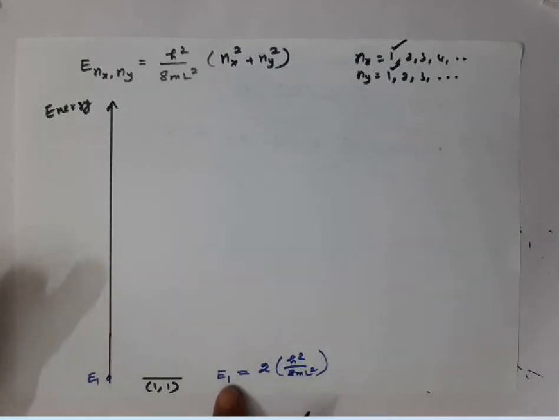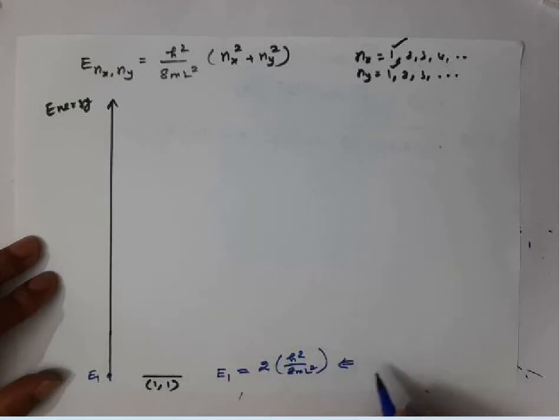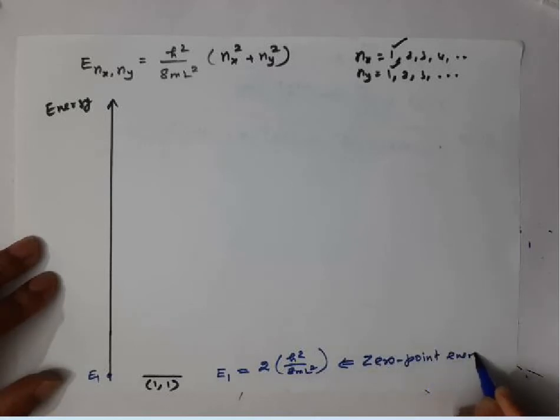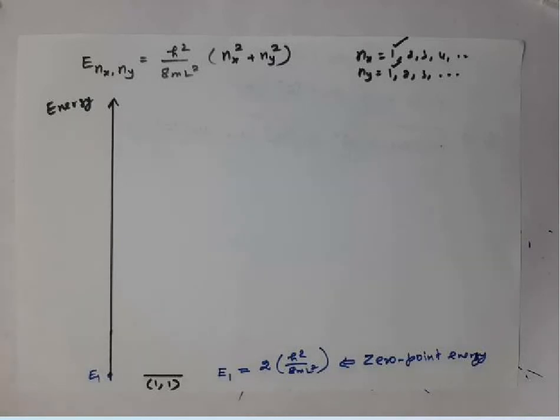At 0 Kelvin, the energy of the ground state is not 0. That means the ground state possesses some energy which is nothing but the zero point energy of the particle confined in a square 2D box.